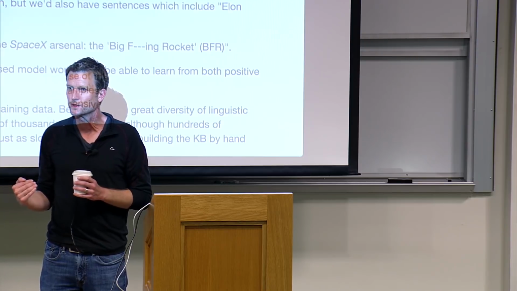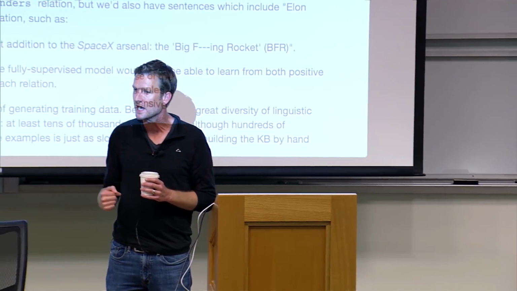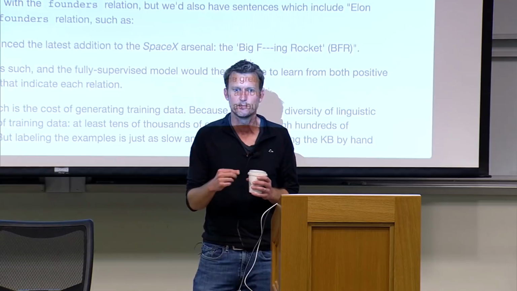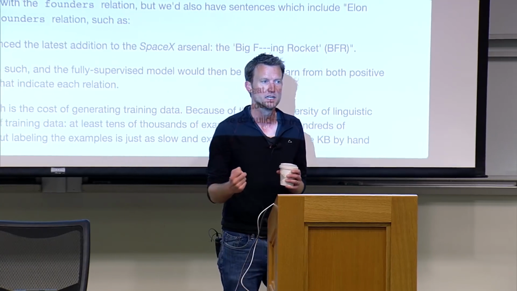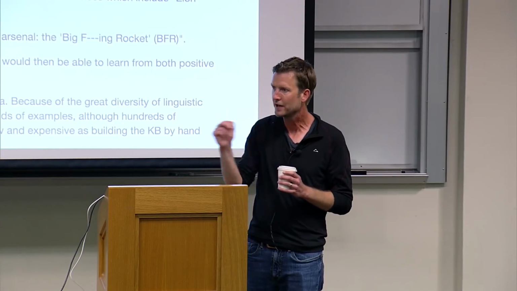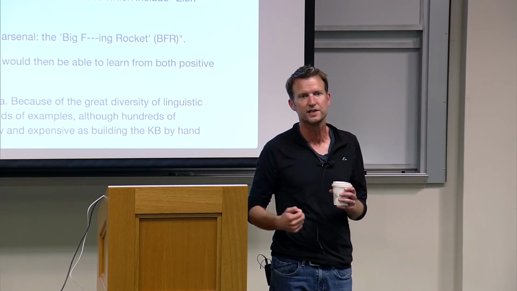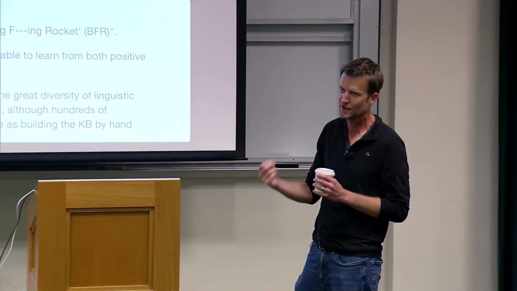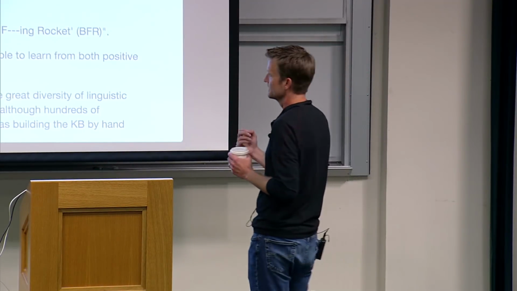But it has a big shortcoming as well, which is that it relies on having this manually annotated data from which to learn. You have to go through a corpus and manually label everything. And that manual annotation, again, is slow and expensive, and it doesn't scale.